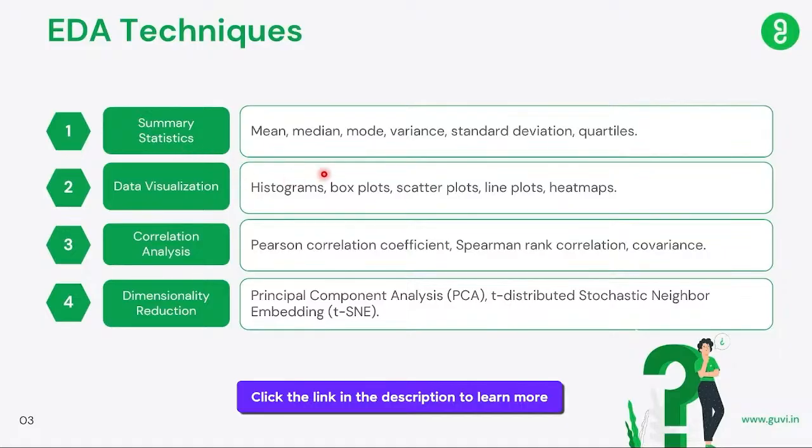Let's take, for example, finance, where summary statistics play a pivotal role in risk assessment and portfolio management. Calculating the mean return and standard deviation of assets allows investors to gauge their investment performance and assess the level of risk associated with their portfolio.